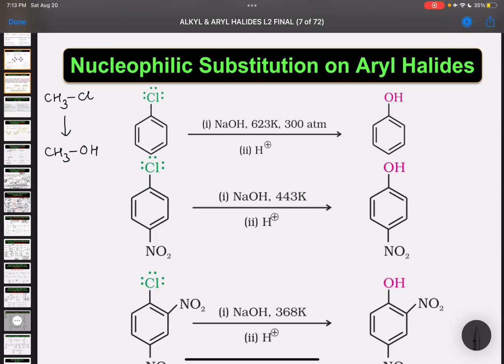Yeah, Vamsi, tell me. Mohammed: react with water. But water is a neutral compound. Or we can use sodium hydroxide. You can use aqueous NaOH.